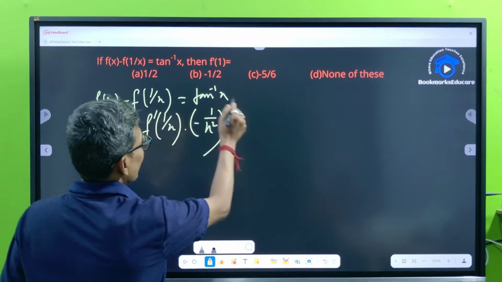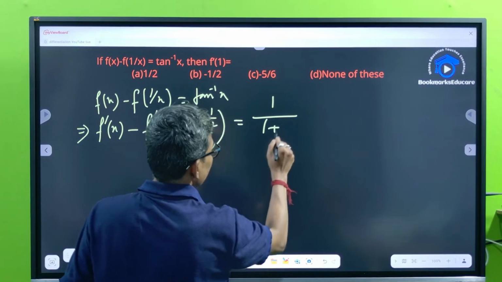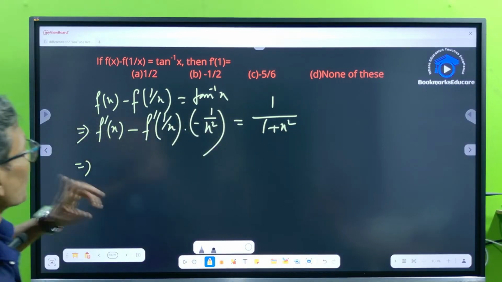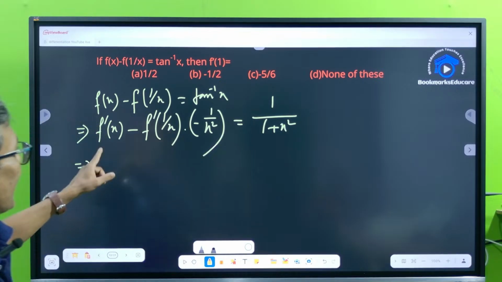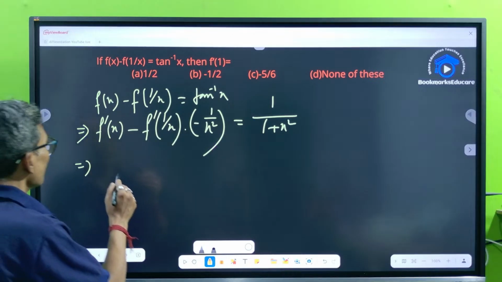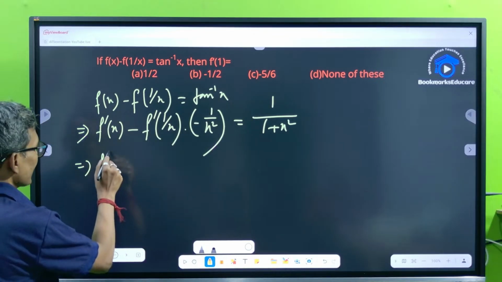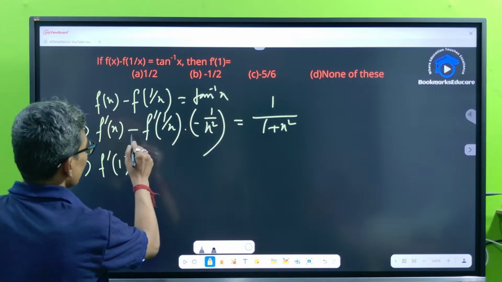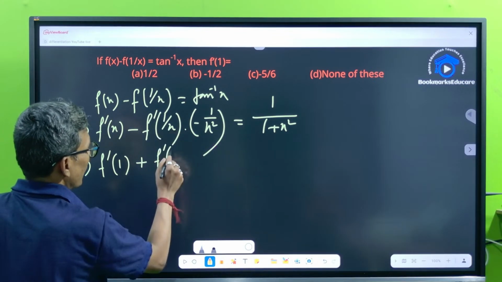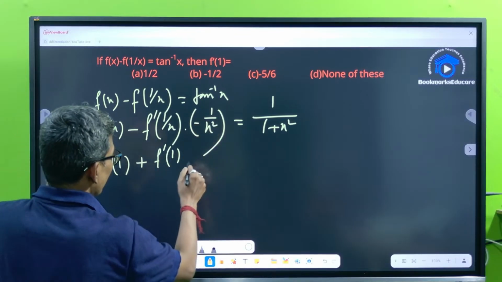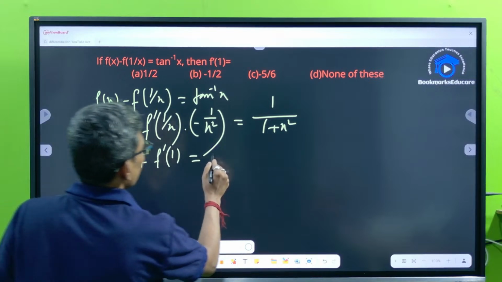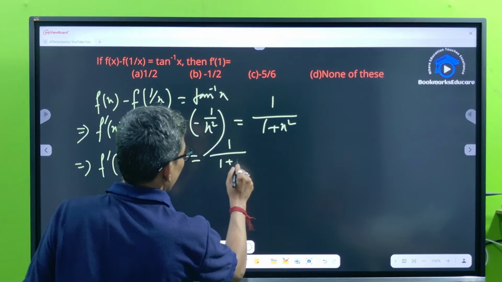Is equal to d/dx of tan inverse x, meaning 1 by 1 plus x square. So putting the value of x as 1. So 1 is put instead of x. So f dash 1, plus with minus becomes plus. So f dash 1 by 1 means 1 and 1 by 1 square means 1, is equal to 1 by 1 plus 1.